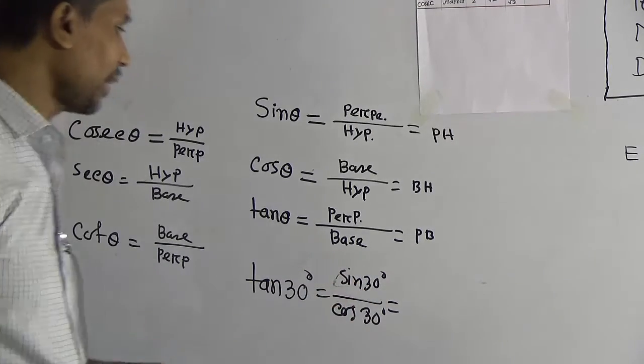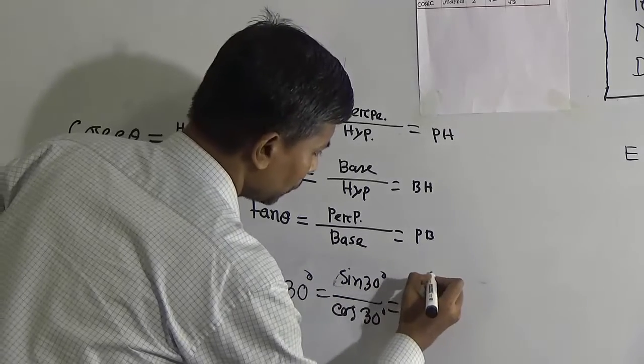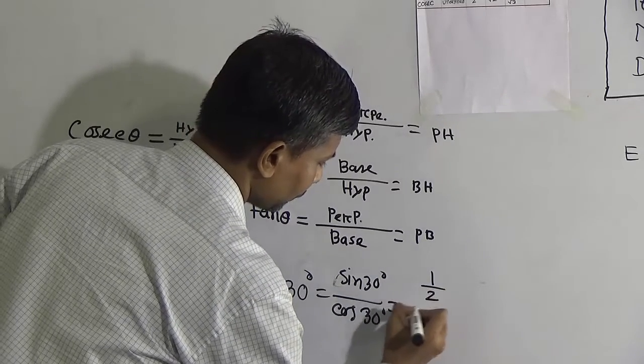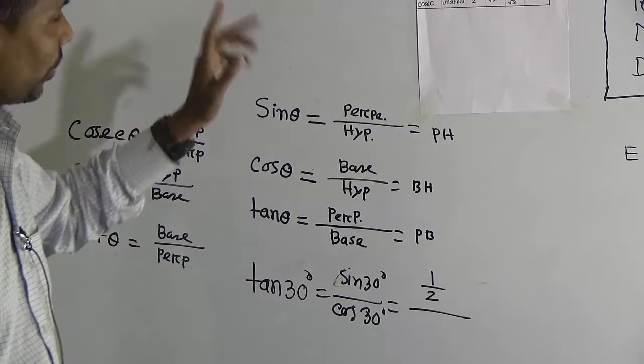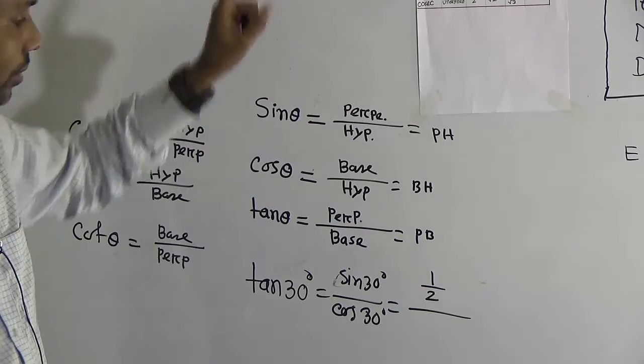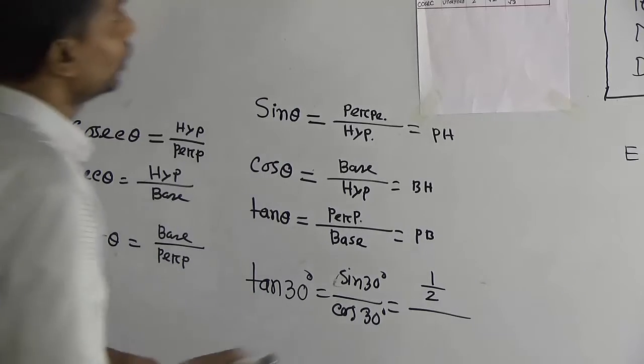Then sine 30 degree equals 1 by 2. From the table of the first figure, cos 30 degree equals root 3 by 2.